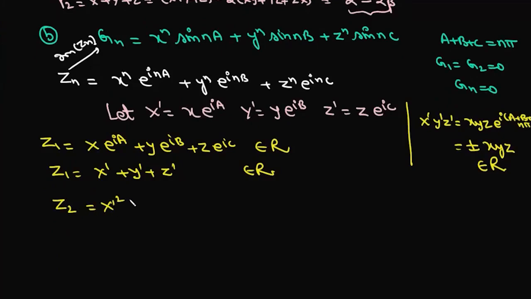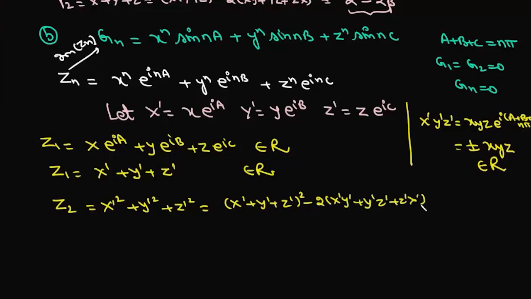Z2 is x dash square plus y dash square plus z dash square, which will be x dash plus y dash plus z dash whole square minus 2 times x dash y dash plus y dash z dash plus z dash x dash. Now it is also real. Now x dash plus y dash plus z dash is real. So that means x dash y dash plus y dash z dash plus z dash x dash is also real.